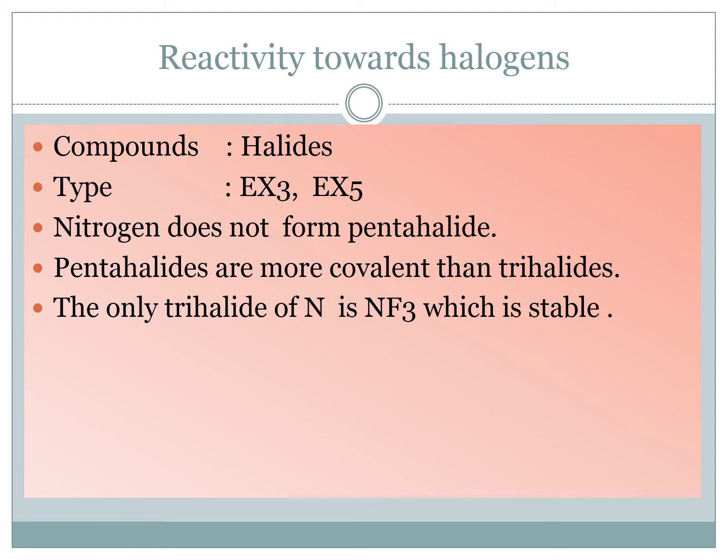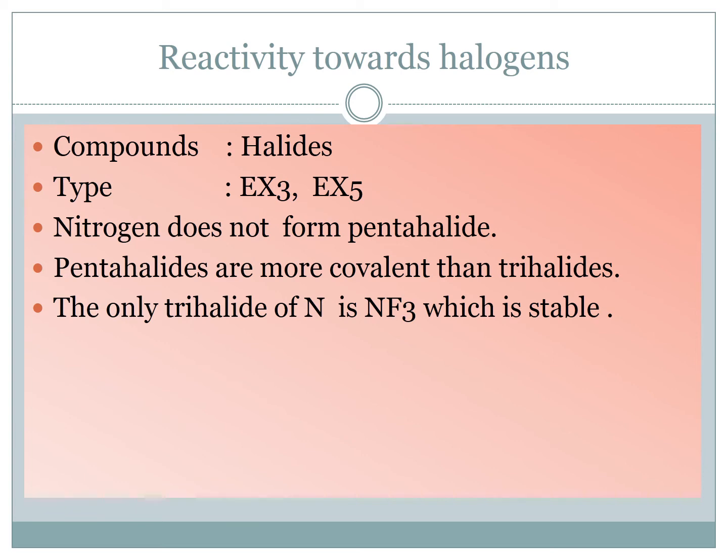Coming to the next reaction, that is reactivity towards halogens. The compounds are known as halides and can be of the type EX3 or EX5. Nitrogen, however, does not form pentahalides because it has only s and p orbitals in the valence shell, so a maximum of sp3 hybridization is possible.